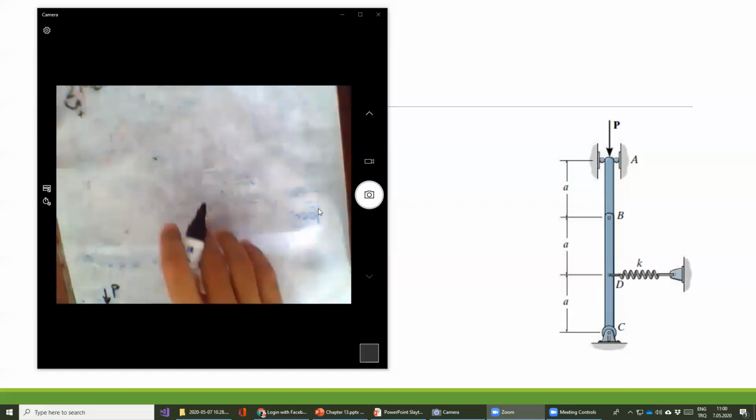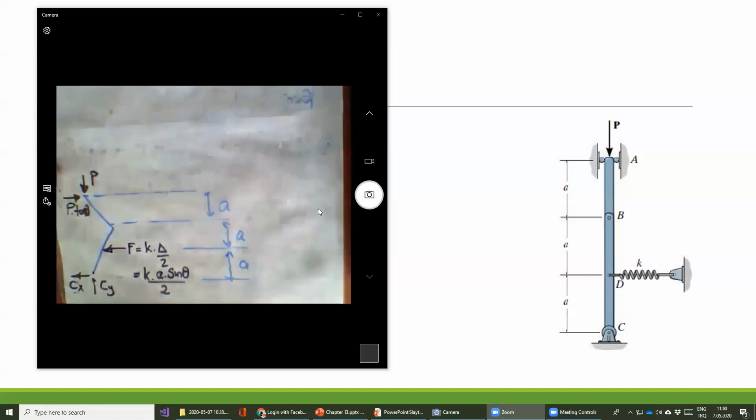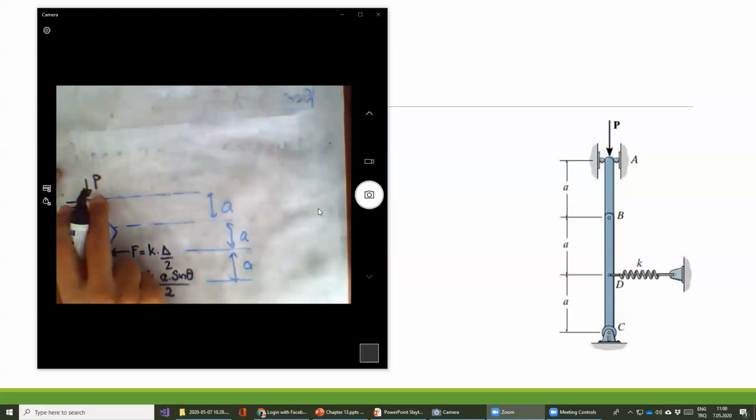Let's start. You can see P does not generate a moment on point C because its direction passes through point C. Additionally, Cx and Cy also do not generate a moment. Just two forces generate a moment.